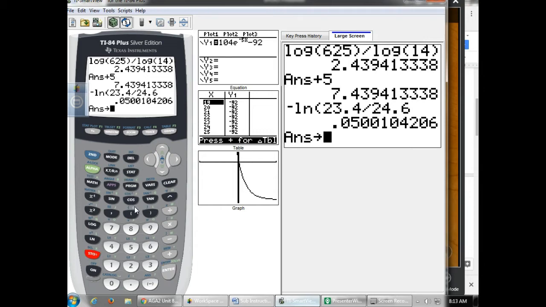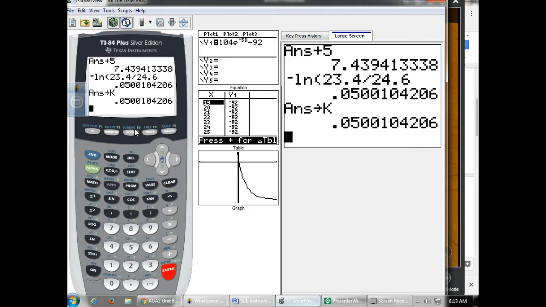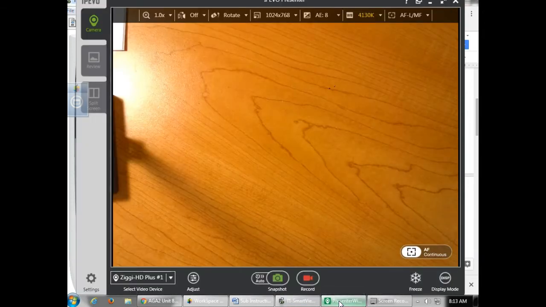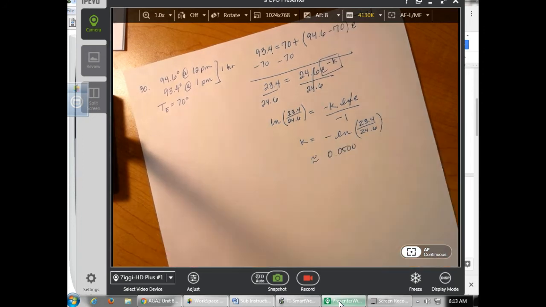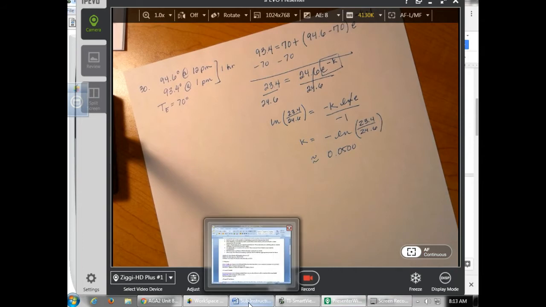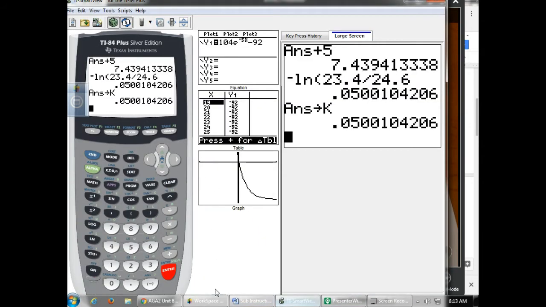Remember, I'm going to turn on the little alpha green button so I can store it as k. So there it is as k. I don't really even need to know, but it's roughly 0.0500. I wouldn't write that down to any great detail. I just want to show you approximately 0.0500. I'm not actually going to use that value though. I'm going to use where I stored it in my calculator, so I'll make sure. So yes, there we go.